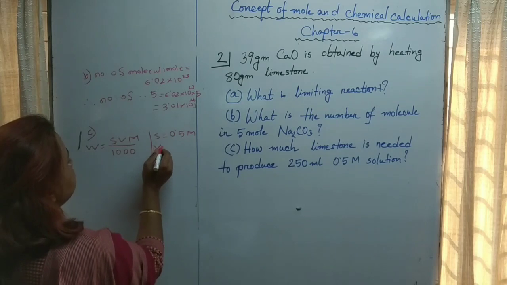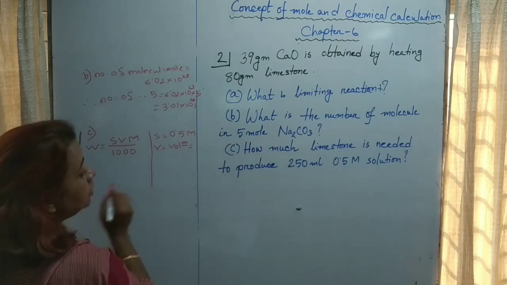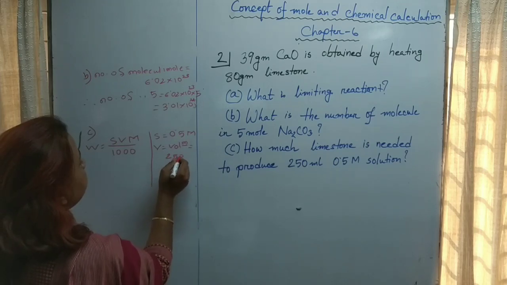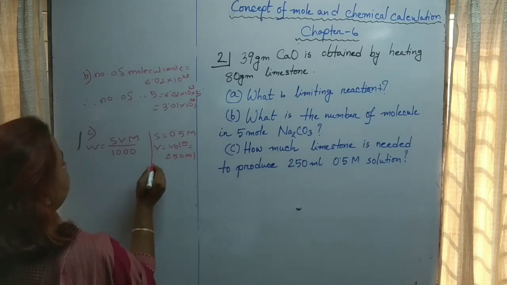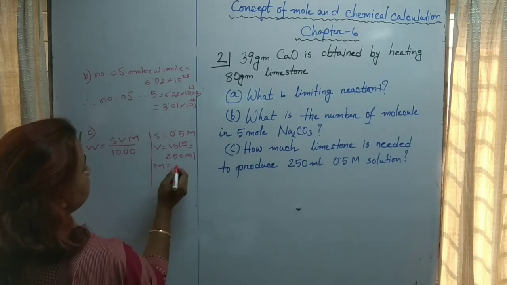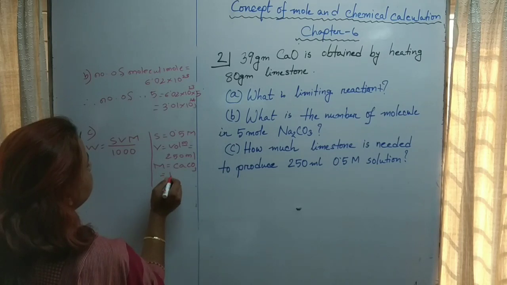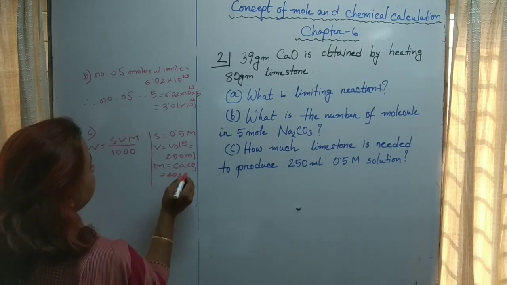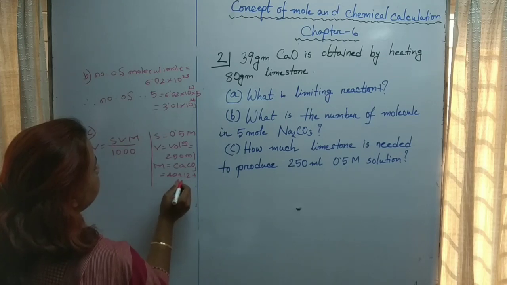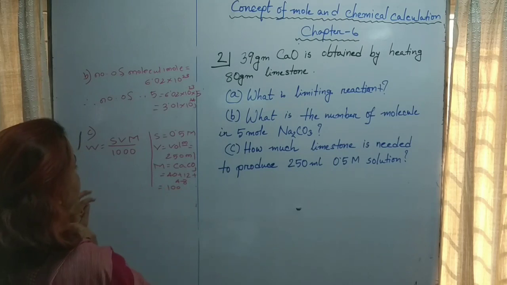V is equal to volume of the solution, which is 250 ml. M is equal to molecular mass of limestone, which is 40 plus 12 plus 48, equal to 100.